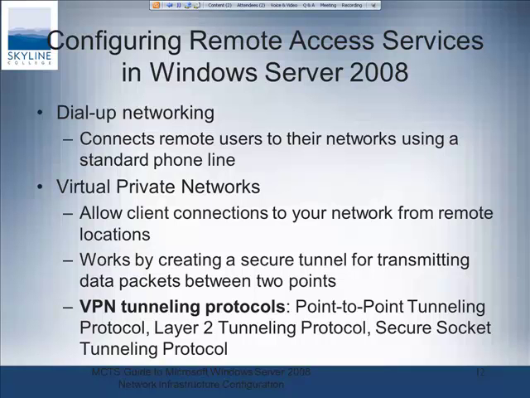Where is this used in a lot of instances? Let's say you have salesmen that travel. Hotels now, except for the really expensive ones, will give you free Wi-Fi, right? Some of them still have wired, but I think most of them have gone to wireless.